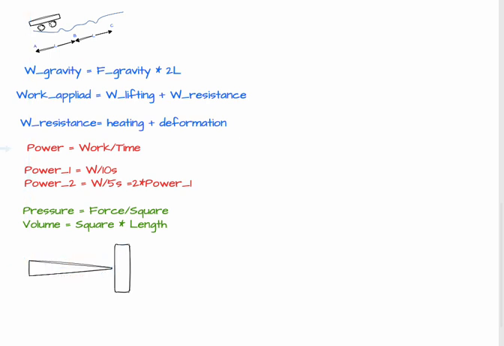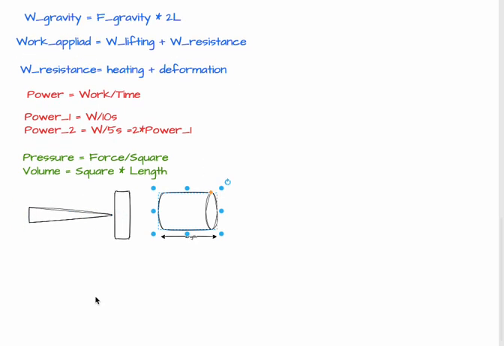It's even more obvious regarding volume. If we have some object with length, we increase its area, and obviously volume grows. So this is the definition of the terms pressure and volume.